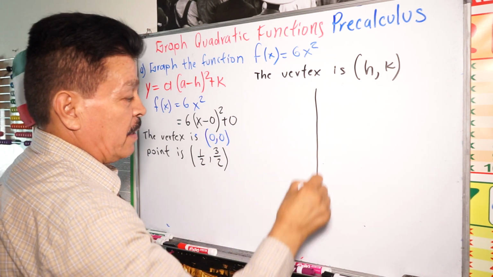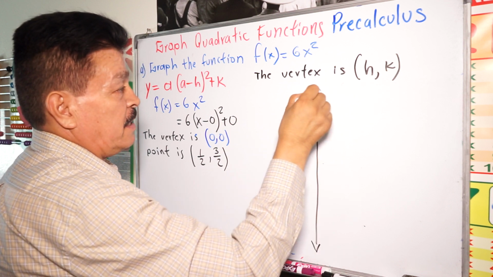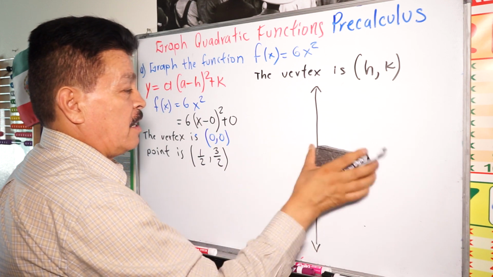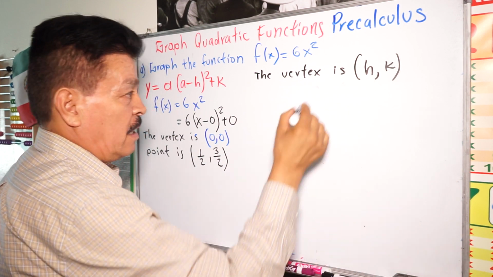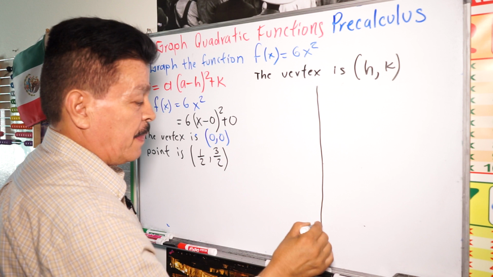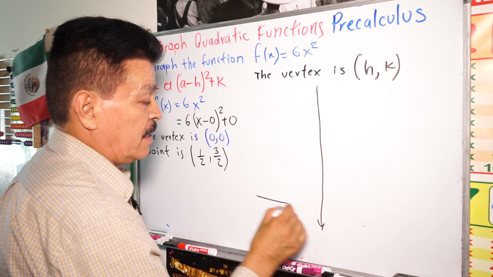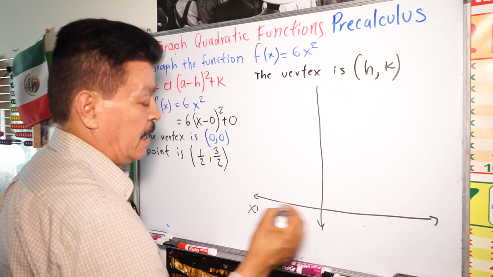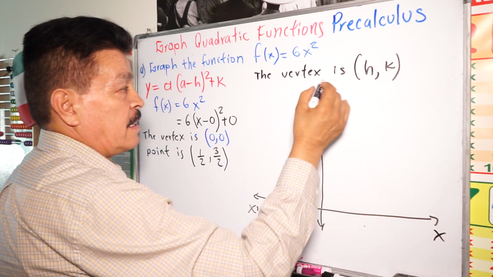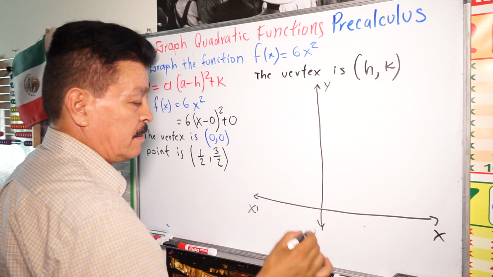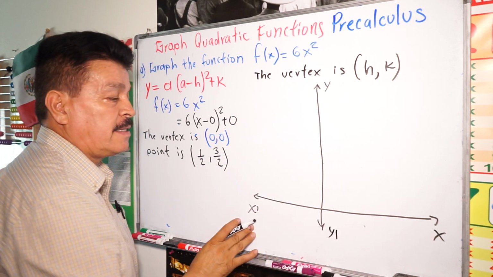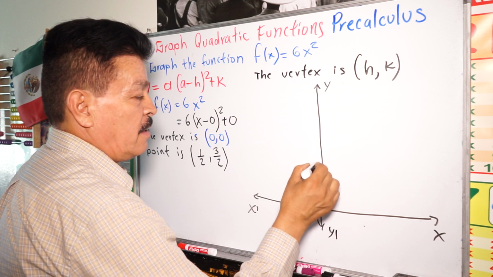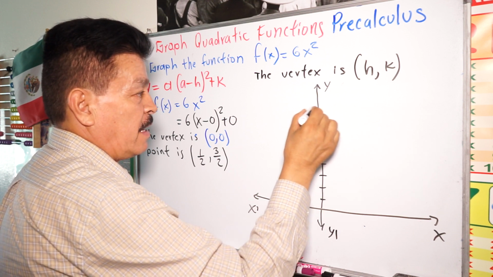Let's see the graph right here. It's very simple. Just take a look at how to make this graph. This is the x-axis and this is the y-axis. We count 1, 2, 3, 4, 5, 6, 7, 8, 9.